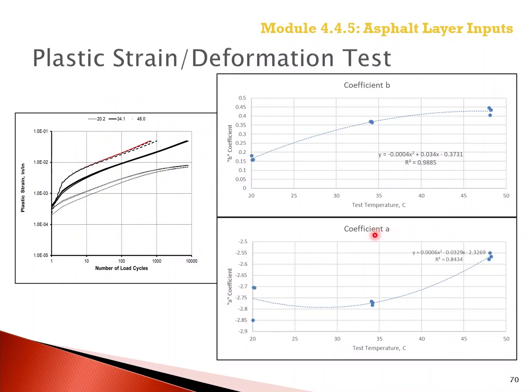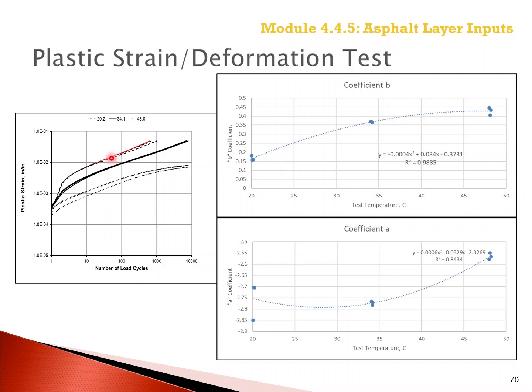This slide provides an illustration where repeated load plastic deformation data over 3 test temperatures were measured in accordance with the draft AASHTO standard method of test, like NCHRP report number 719, on an asphalt mixture using the asphalt mixture performance tester.